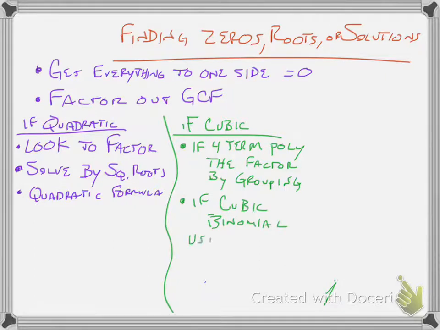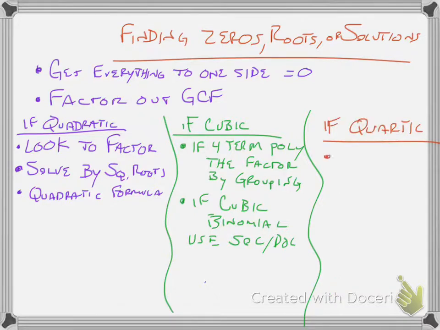Then you use the sum of cubes formula or difference of cubes formula, the SOC or DOC, in order to factor it, and then solve from there. Remember, for the quadratic part, you're going to have to use the quadratic formula for that.